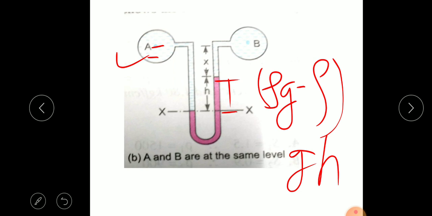The U-tube differential manometer can be used to measure the difference in pressure at two points.